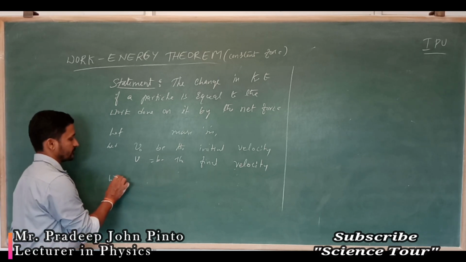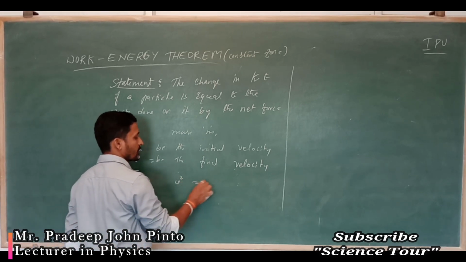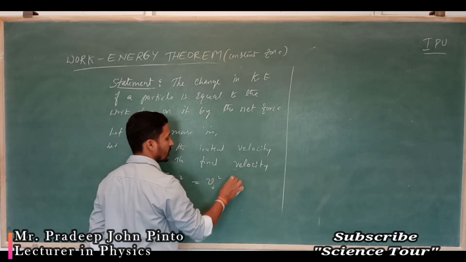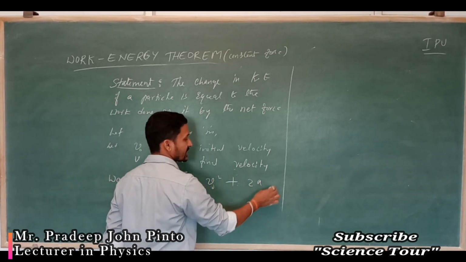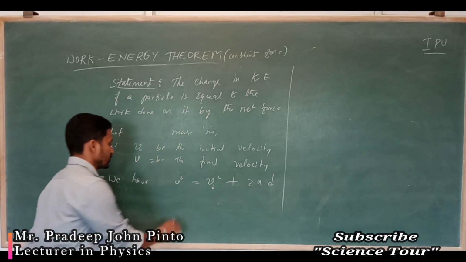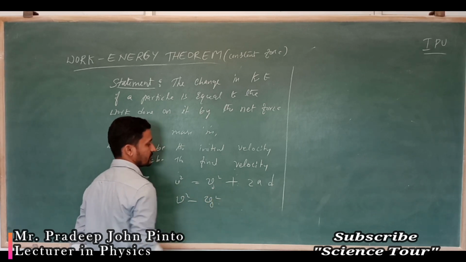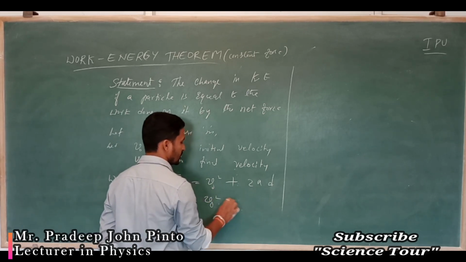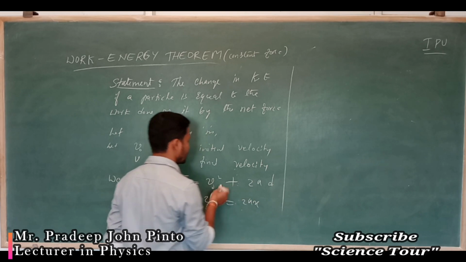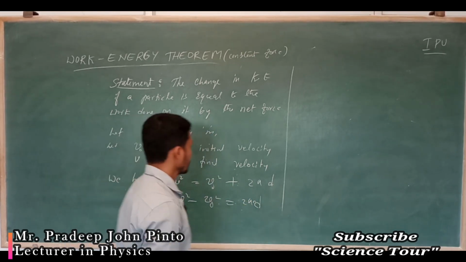We have V square is equal to V naught square plus 2ax, and I will write d for displacement. So I can write V square minus V naught square is equal to 2ad. V naught square I have brought here, and 2a into d.